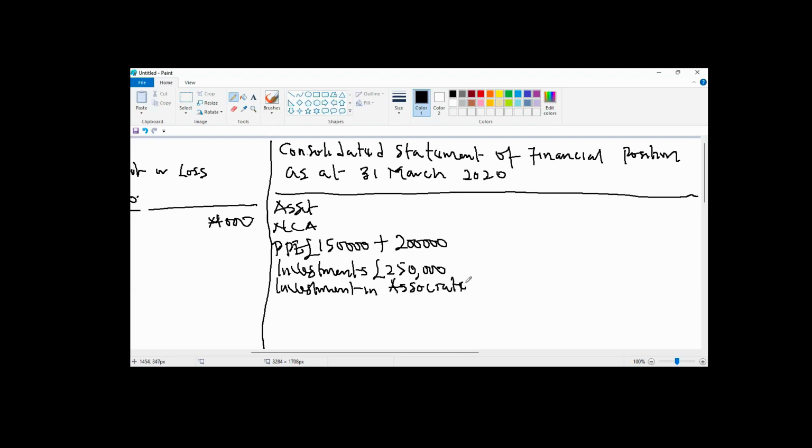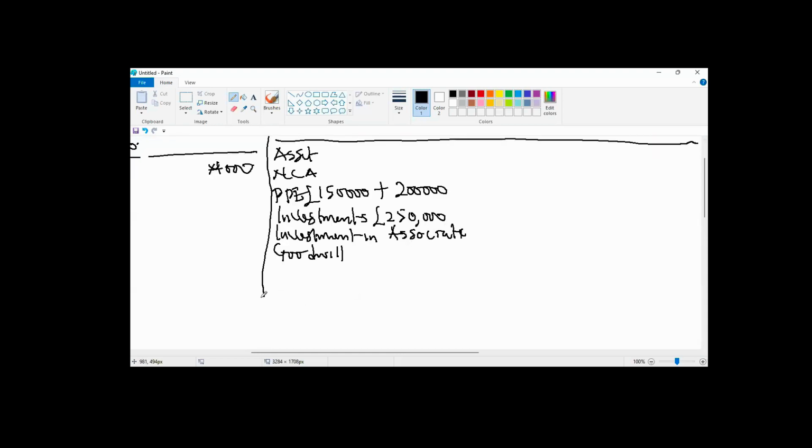We don't consolidate associates. We only show investment in associates. Then after that, I'll put the goodwill. After the goodwill, I will now talk about the current assets. According to the question, current assets, we have 120,000 plus 110.